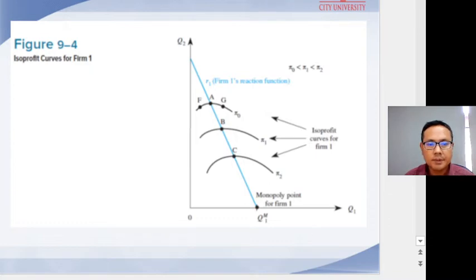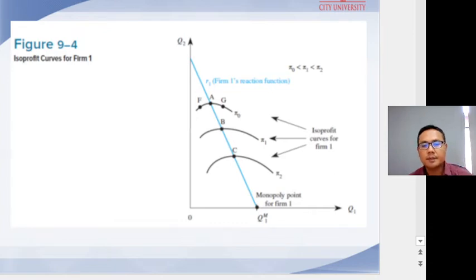Before this, we tried to understand the basics of Cournot oligopoly. So now we will examine how to graphically determine the firm's profit.